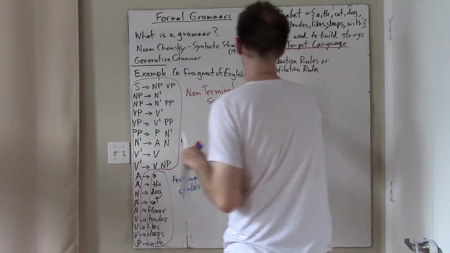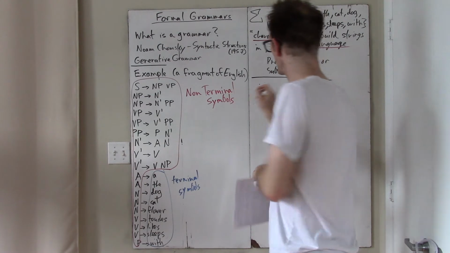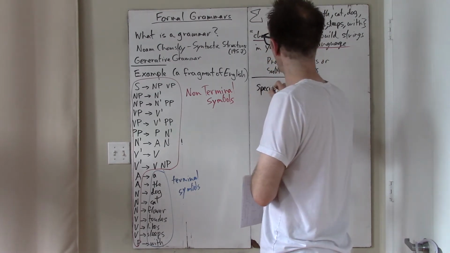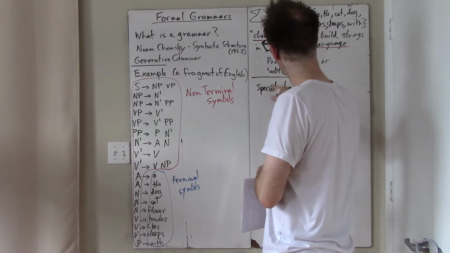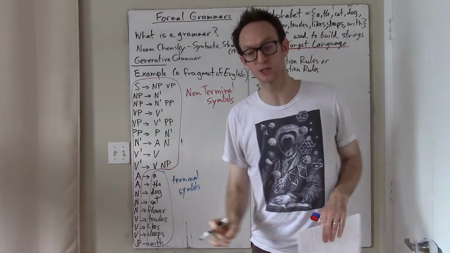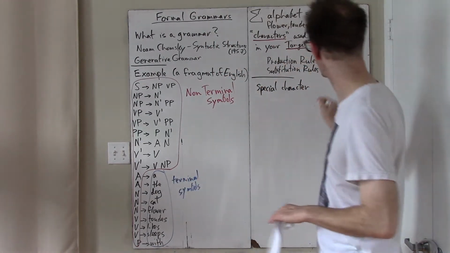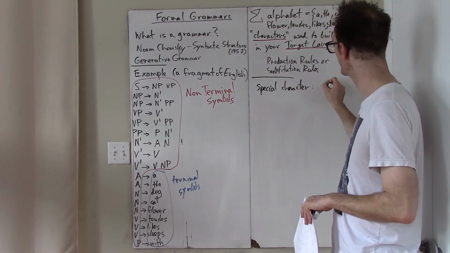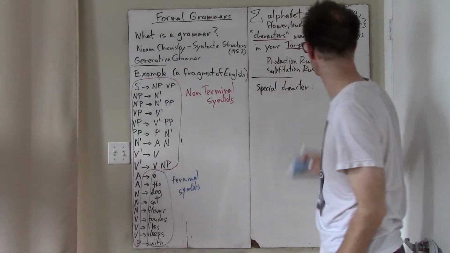There's one tricky bit, which is that in addition to these terminal and non-terminal symbols, there's this special character, which is part of the language of analyzing strings, and that is the empty string. Most people use epsilon for this, but Gossett doesn't. For whatever reason, he uses lambda.